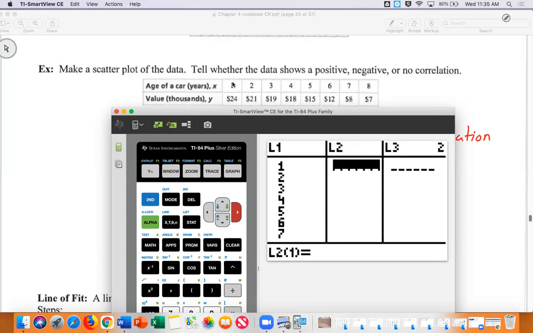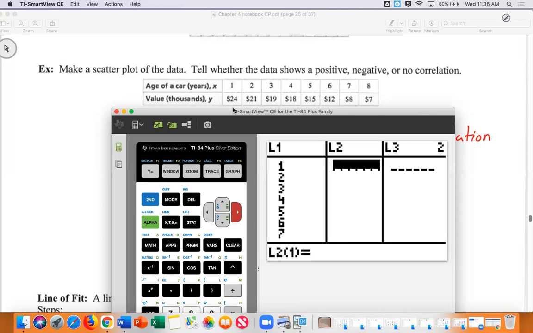Annie, are we getting this? All right, well, let's make sure we get this down. Chucky, we good? Do we have 1 through 8 entered?